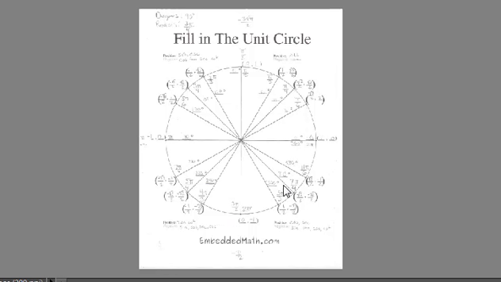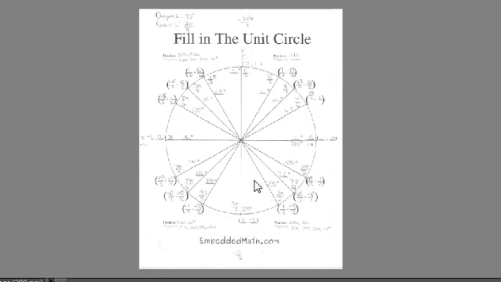You can't do anything with it. There are certainly some things that you're going to memorize, but make sure you understand where the stuff comes from so that when you have problems in trigonometry, you don't have to fill in a whole unit circle just to answer one problem. So don't get caught in that.